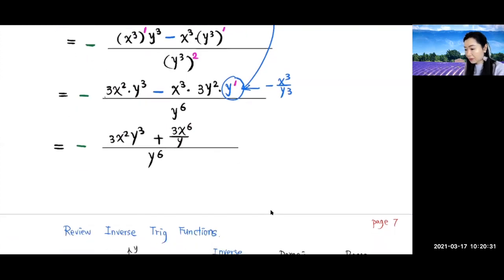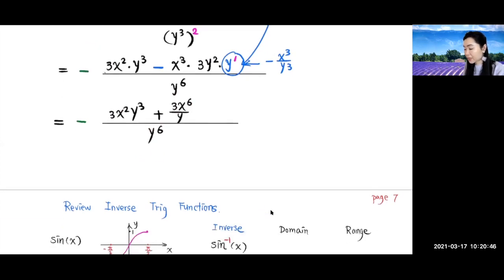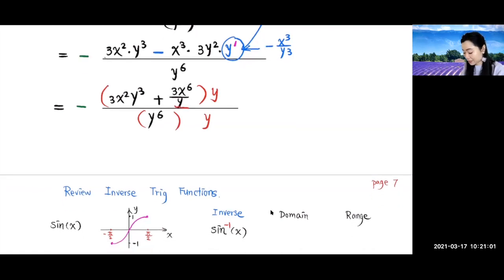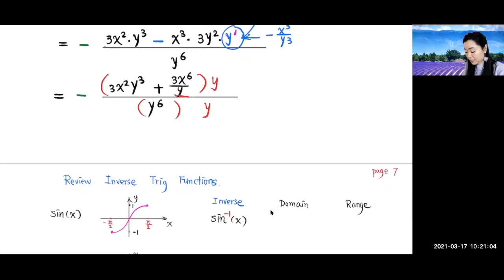Okay, now how can I simplify this a little bit? This is a complex expression. See, you have a quotient here and then a quotient, right? So to simplify this kind of complex expression, we will multiply the numerator and denominator here by y, the LCD, because there's a denominator, this one here, the y.